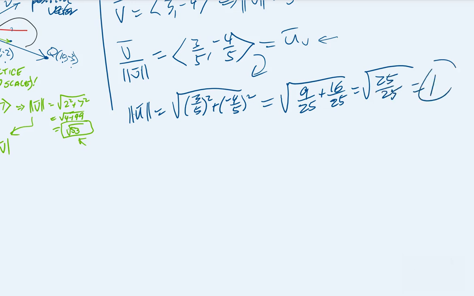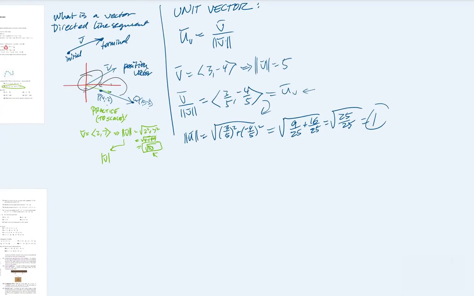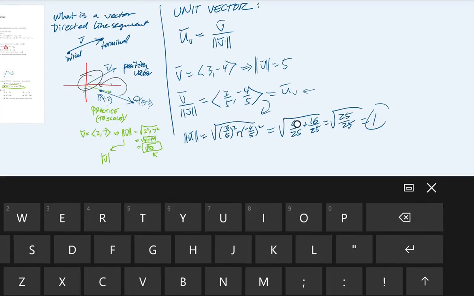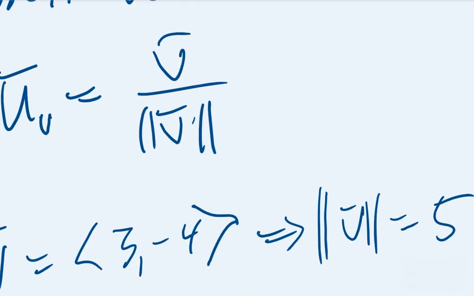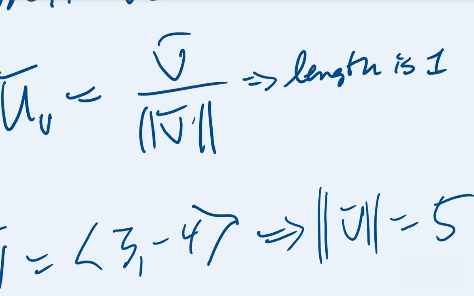And so it's a unit vector. A unit vector has a length of 1. Whatever you get here is always 1. The length is always 1.